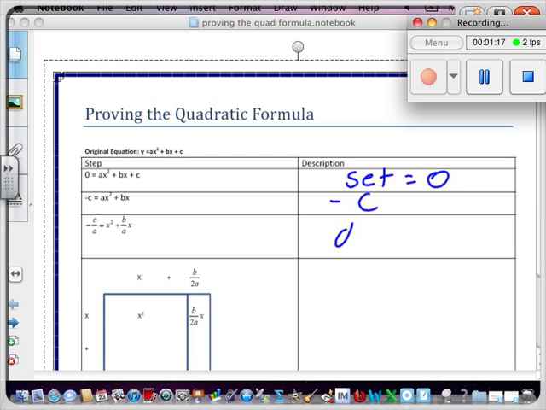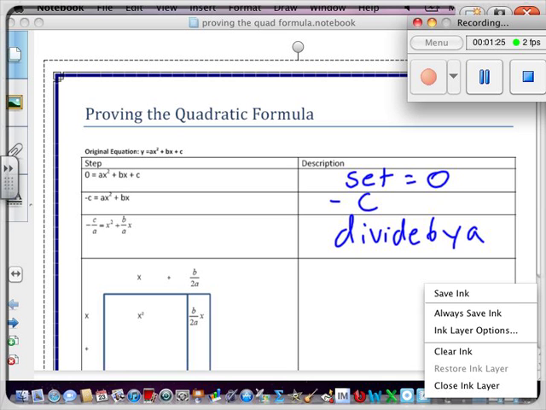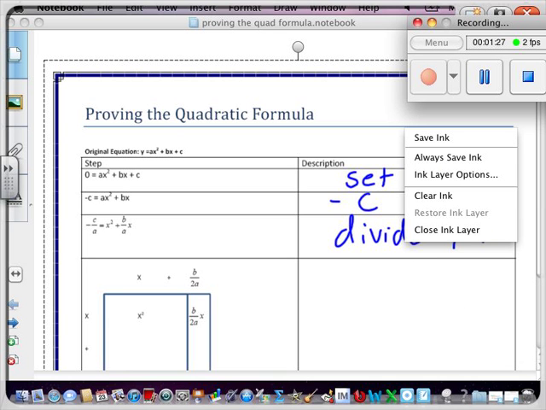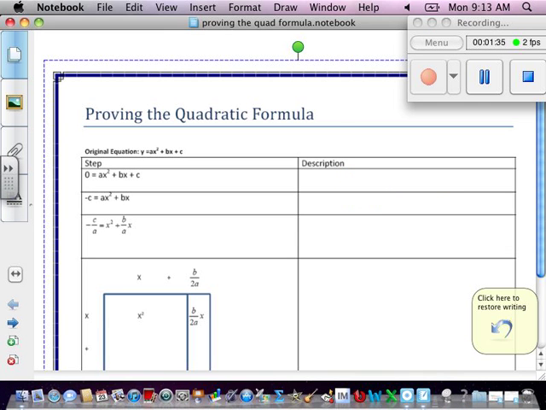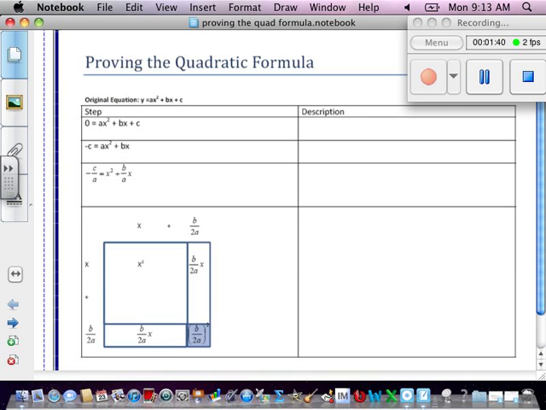Next, we're going to divide by a. Okay, the next thing we do is we made a box.